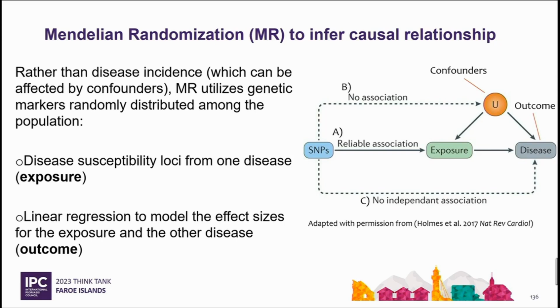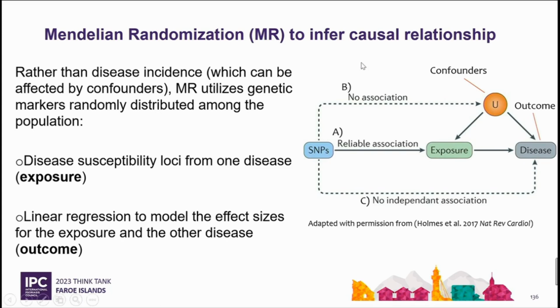So instead of that, we use the genetic signals to model the risk for the exposure, okay, and then in turn use that to model the association with the outcome, and then use that to make an inference about the causal relationship between 2 traits.